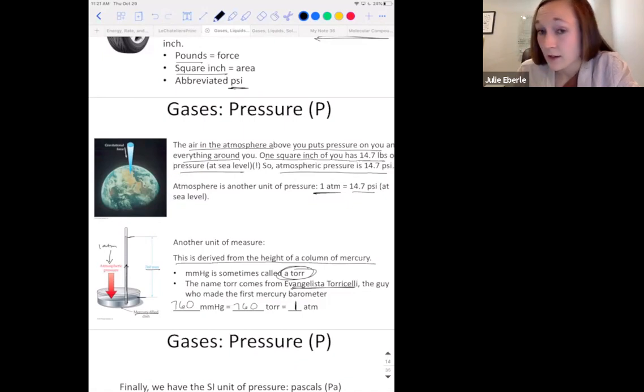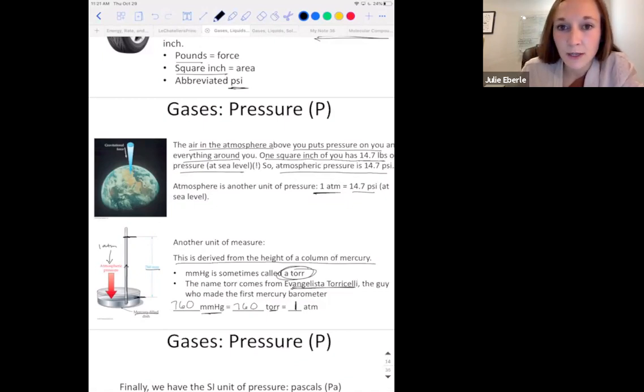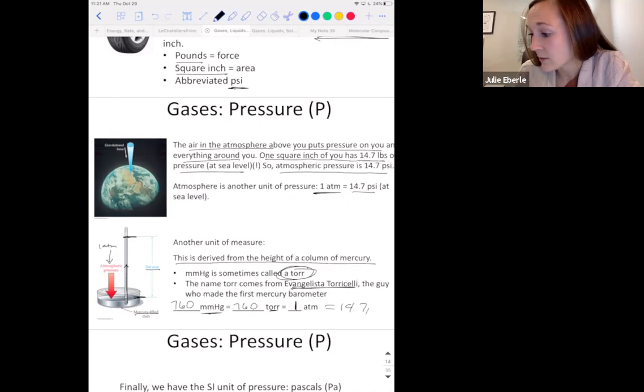Okay, so now we have like 4 different units for pressure. We have units called millimeters of mercury, and that comes from this little Petri dish instrument. They also call those units a torr just because of the guy who invented it. So those are equal, 1 to 1. And 760 millimeters of mercury, mmHg, is equal to 1 atm, is all equal to 14.7 psi.